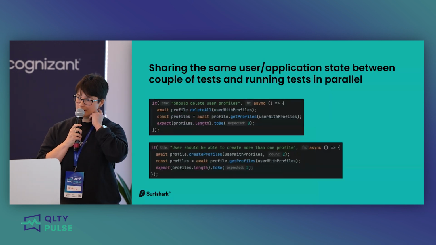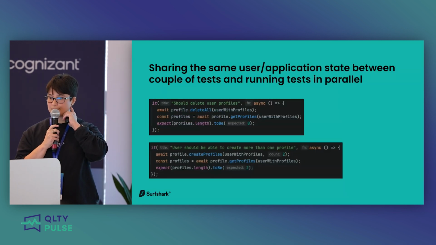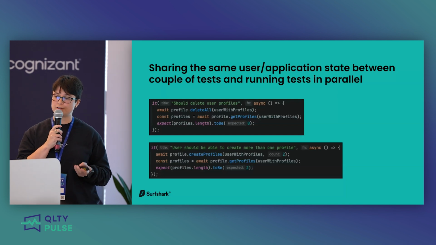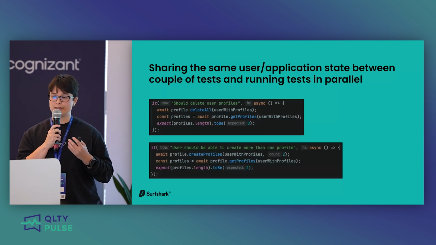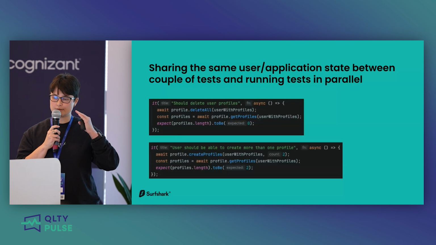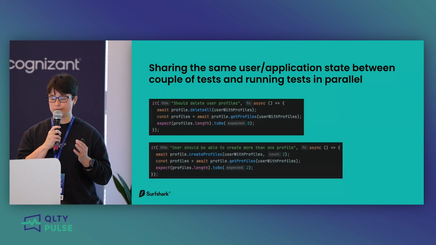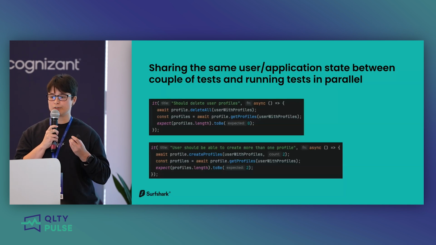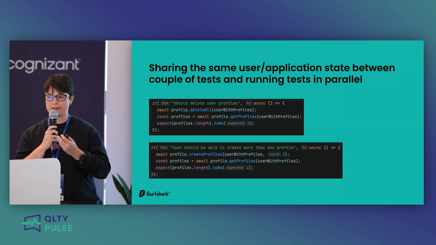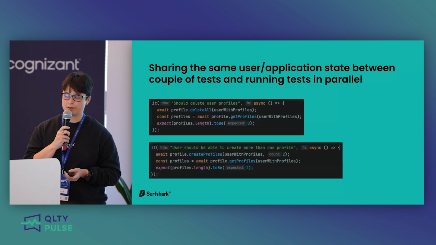And another one is sharing the application or user state, where tests are changing the state. It looks good and fine when the tests are running one by one. But then you turn on parallel, and you can get a flaky test or a failed test, because one test is changing the same user state that another is expecting.